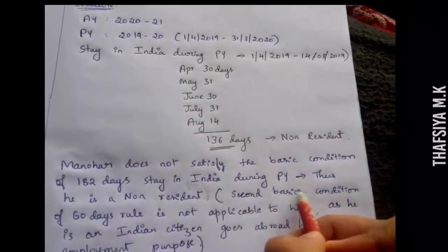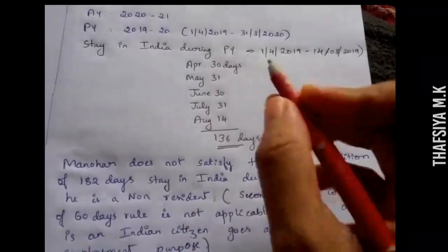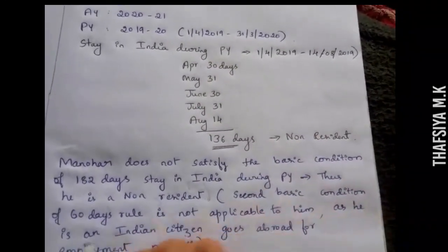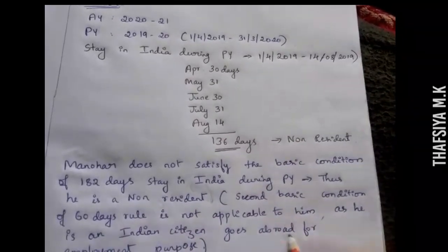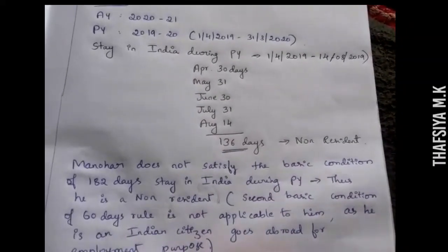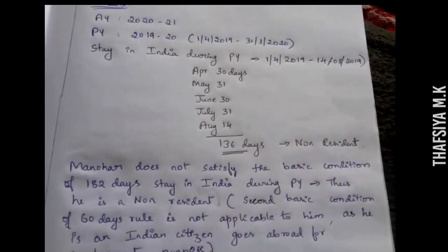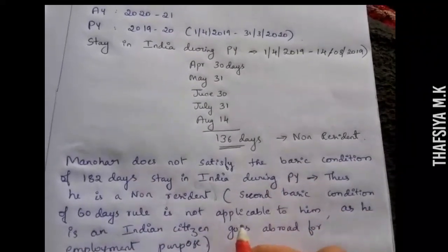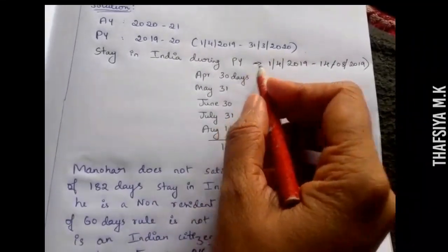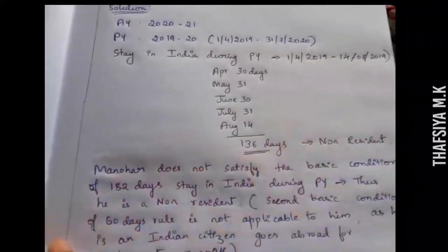In brackets, the second basic condition of the 60 days rule is not applicable to Manohar because he is an Indian citizen who goes abroad, leaving India for employment purpose. If it is for education or other purposes, then we have to apply the condition. If it is for employment purpose, there is an exception. He must satisfy the first condition, so he becomes a non-resident here.